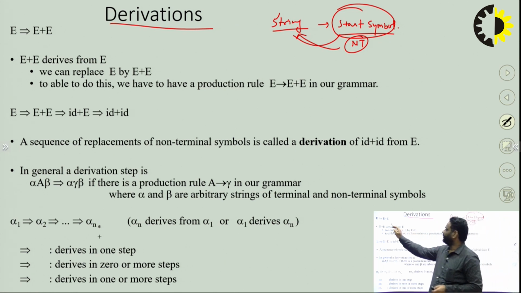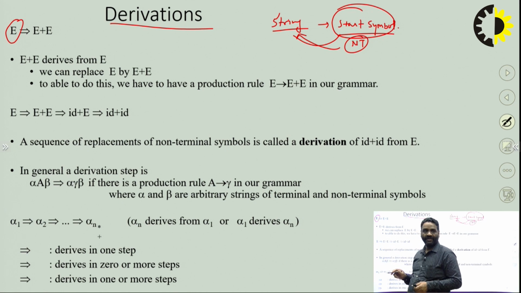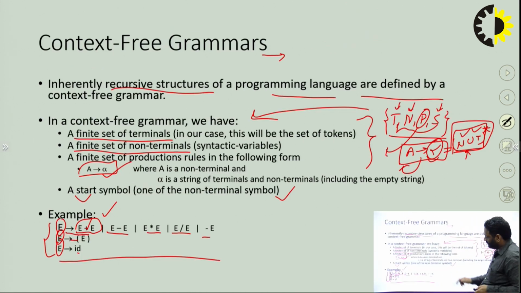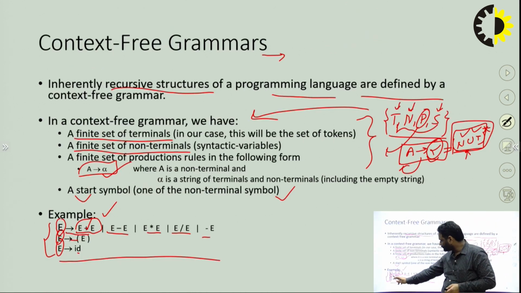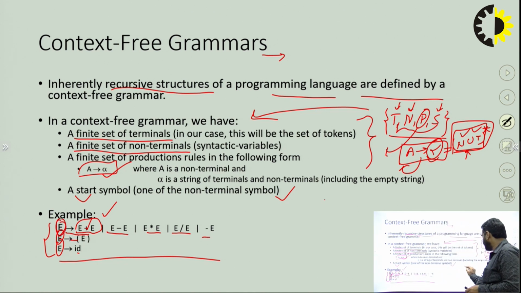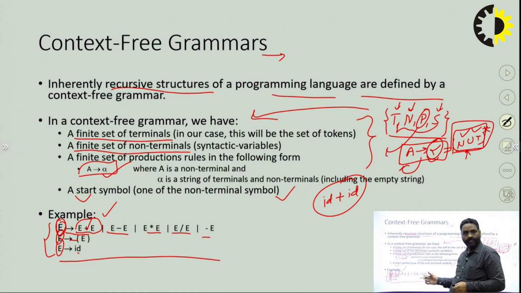Suppose we are starting with start symbol E. In the previous example, we have E as the start symbol. So suppose we have this string. We can check by means of a number of steps.